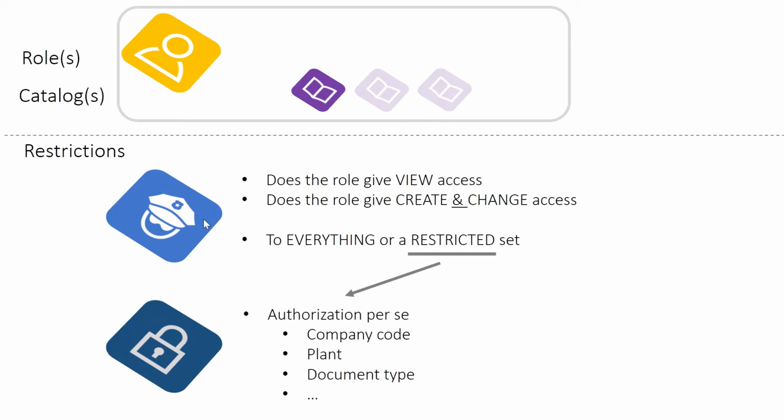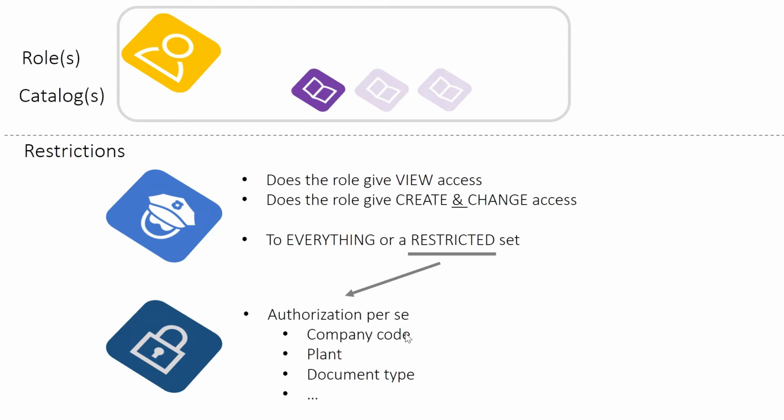And if you were to say that in terms of restrictions, I do want to restrict to a company code, for example, then as we'll see in the restrictions, you have to maintain the view access as being restricted, which then gives you access to a secondary panel of authorization objects, if you like, where you can say that this person with this role is allowed to create or change data in a restricted mode, and he can only create or change data in company code X and plant Y and for document type Z, for example.